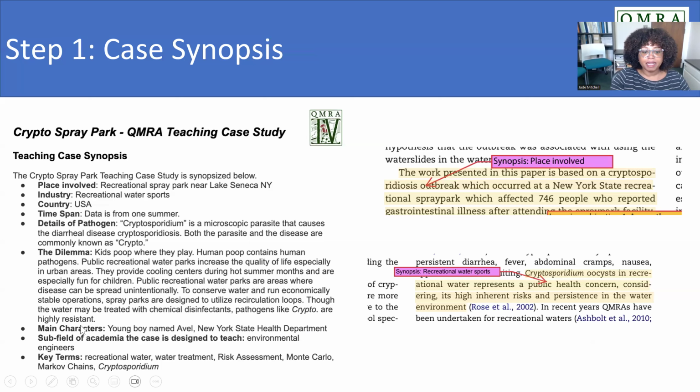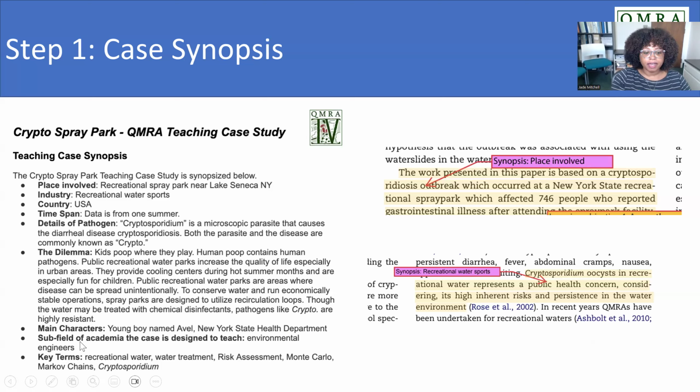We identify main characters. The main characters are going to be part of the case story that we will develop in a next step. Here we chose an arbitrary name and an arbitrary character, a young boy, who was the person playing at the splash pad at the time that it was contaminated.